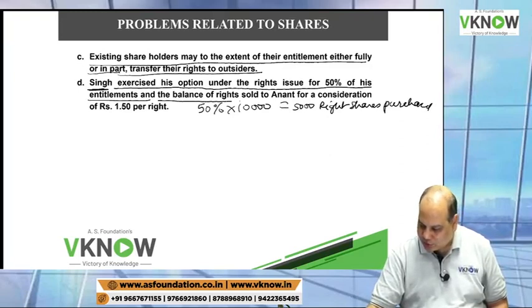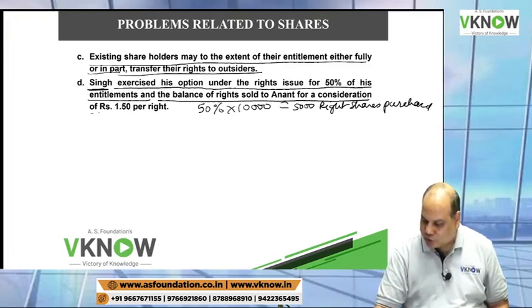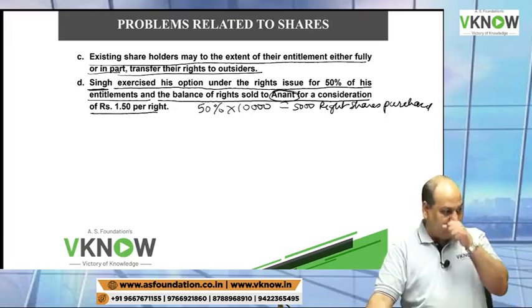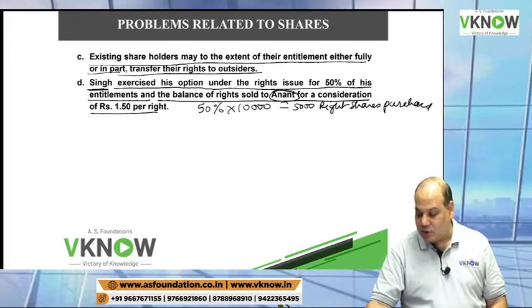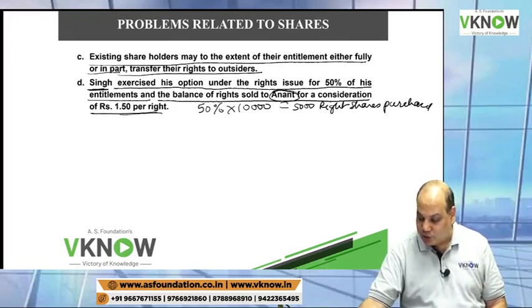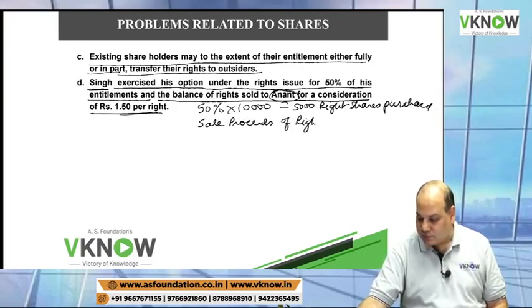And what about the balance? Balance rights sold to Anand. His friend is called Anand. So he sold rights at 1.50. So sale proceeds of rights. Anybody wants to answer?